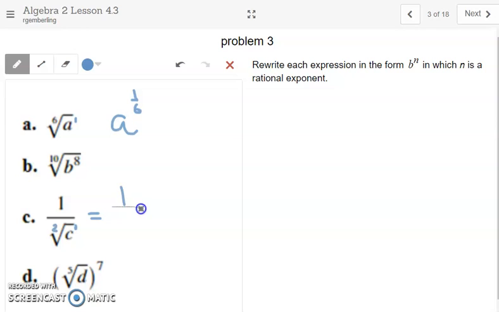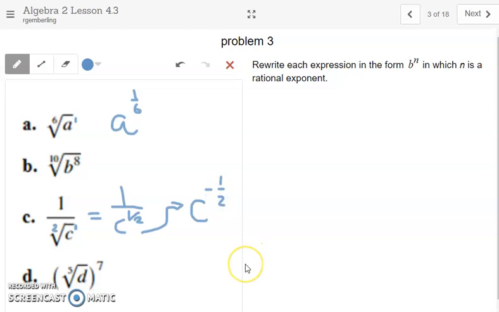So if I was going to write this from radical form into rational form, it would be c to the 1/2, but they want the base to be in the numerator. So if I move it up into the numerator, as we talked about in the previous chapter, the exponent will change from 1/2 to -1/2.